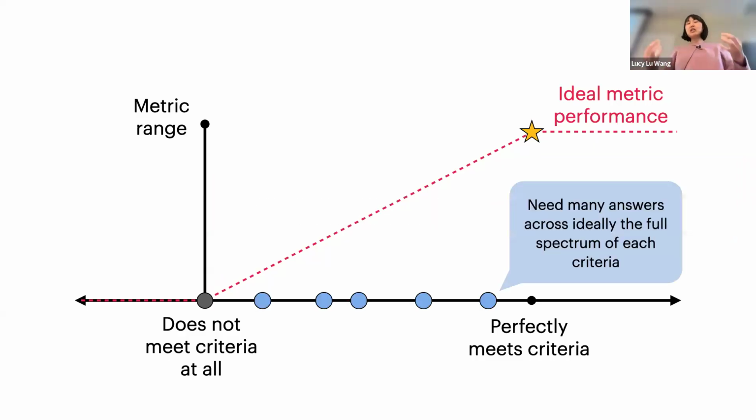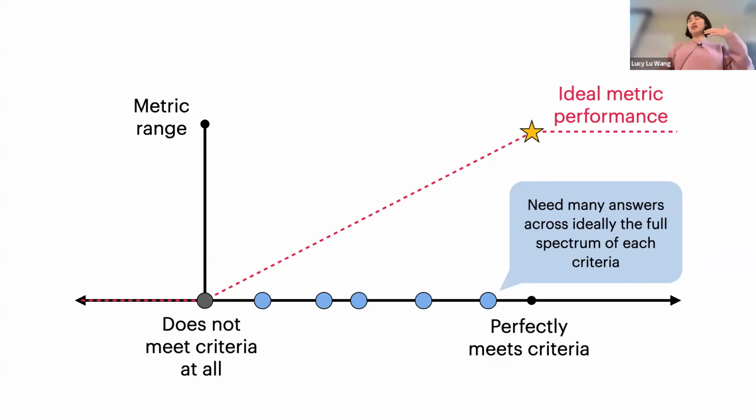What we really need to properly estimate the shape of the curve is many answers across, ideally, this full spectrum of the entire range along this criteria dimension. And we also need to be able to estimate their relative locations along this x-axis.